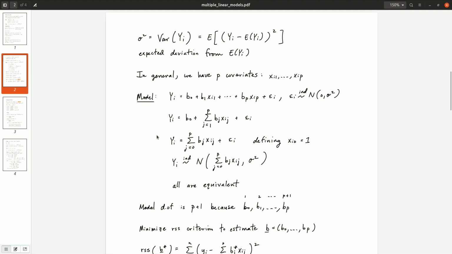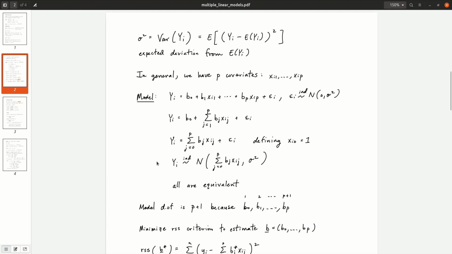Another common way to write it is to just start the sum at 0. So this will include b0. But then you have to define xi0 to be 1. If you define xi0 to be 1, you get b0 times 1, which is the same as this, plus the sum j equals 1 to p of bj xij. So those are the same.